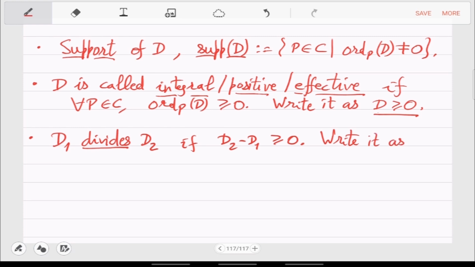And unsurprisingly, this can be written as D2 greater than or equal to D1 or D1 less than or equal to D2. Right? This is well defined. So remember we are defining these inequalities now in our own way. Right? We are comparing these formal sums. It's not automatically defined.